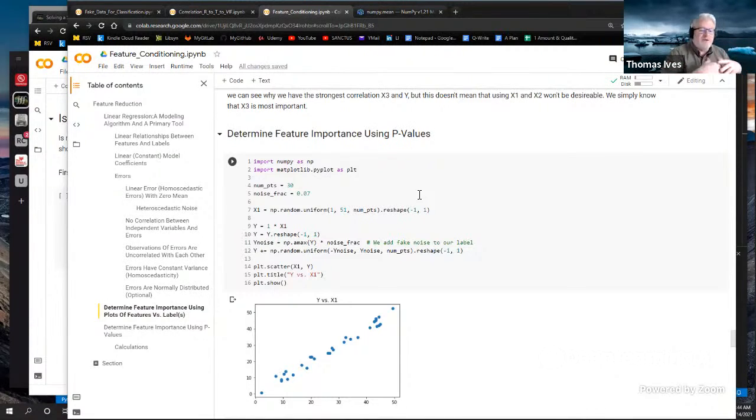The reason we use p-values is this. The null hypothesis with modeling is that this feature has no correlation to the label. That would mean that you would get a coefficient of 0. But if you get a coefficient that is non-zero, well, there's a way to test that.